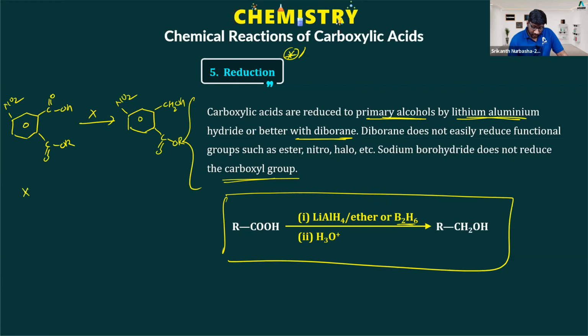What is X? LiAlH4, NaBH4, H2 in the presence of palladium, or B2H6?